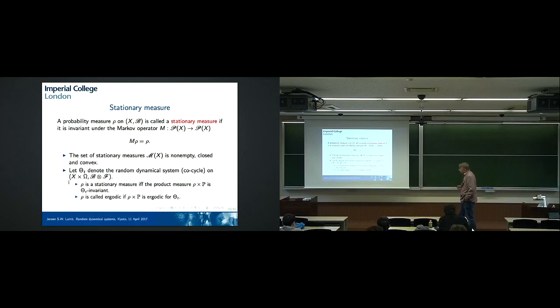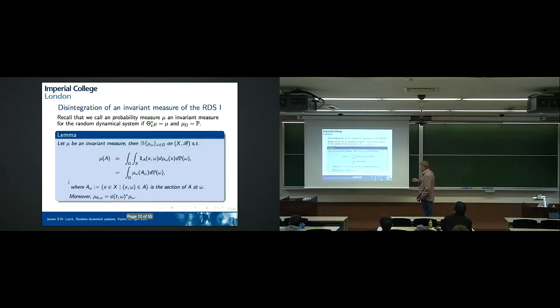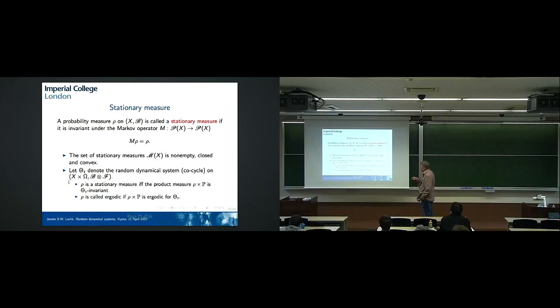Okay, so stationary measures. A probability measure is stationary if it is invariant under the Markov operator. We saw that also yesterday: we found a very natural measure on this Cantor set, just a stationary measure. In general, we can have more stationary measures, and such measures form a set that is compact, non-empty, closed and convex.